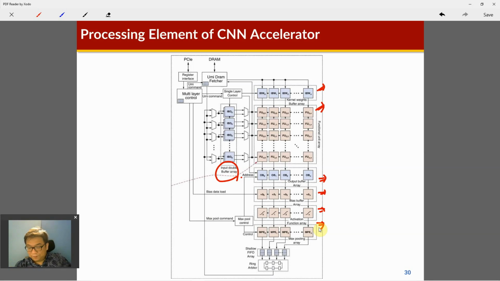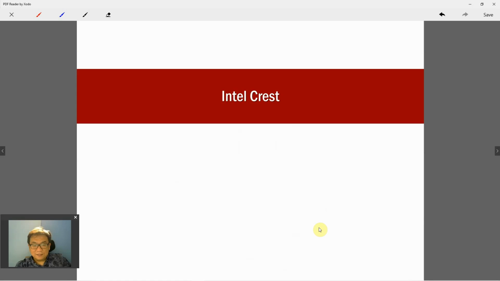Okay. So IntelliCrest. Actually, IntelliCrest is developed by Nervana. It's a machine learning accelerator chip maker. And this IntelliCrest is the accelerator for neural network training.